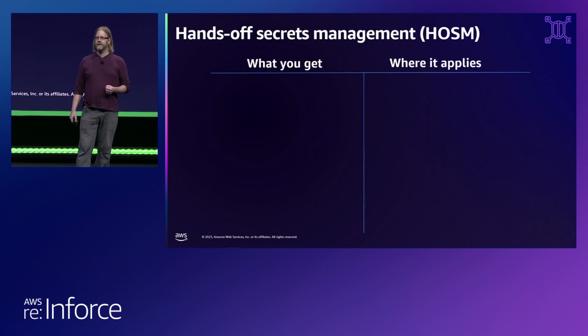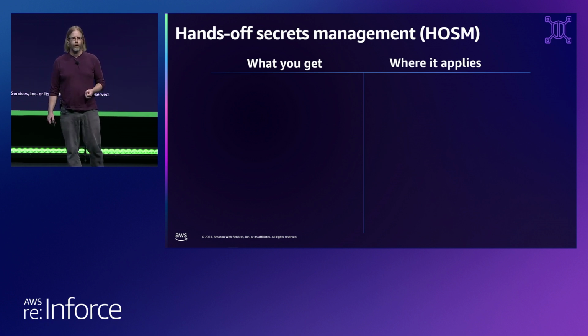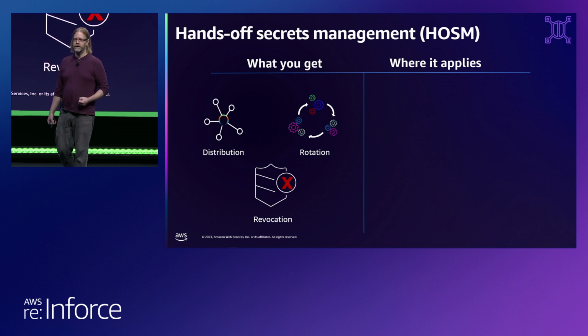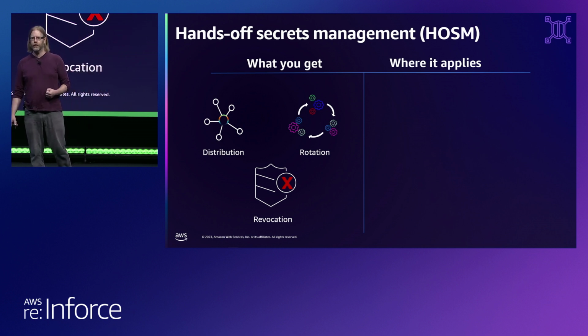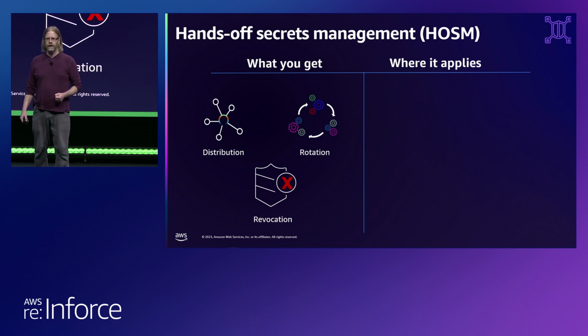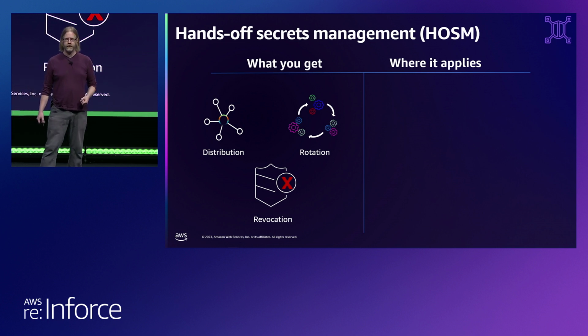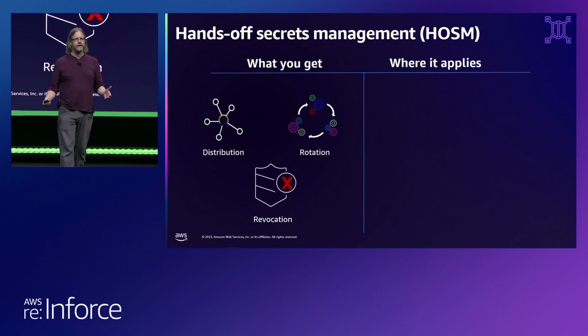So I mentioned hands-off secrets management, or HOSM. What do you get with that? What's the point? Why are you calling this new thing? Well, this is a culmination of distribution, being able to centrally distribute your security posture through VPC Lattice, rotating it, changing it as you need to. And one thing that most people don't quite realize is revocation. Revocation is actually a big thing.